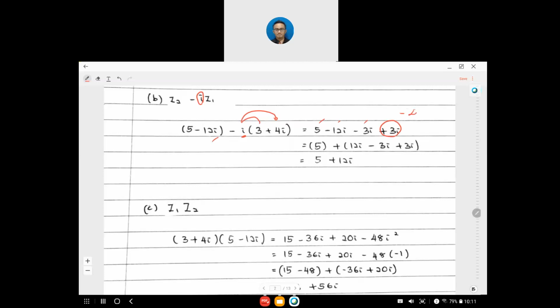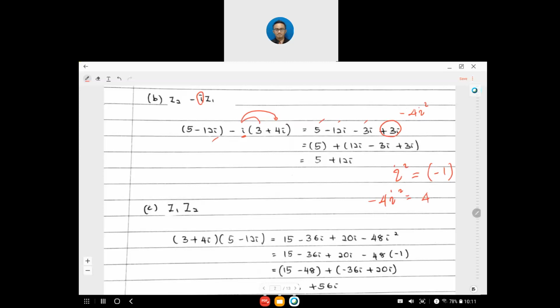negative 4i square. Okay. And then we know that 4i square, because this one i times by i is i square. i square is equal to negative 1. So you have negative 4i square, so this one becomes 4. So the real part, this is wrong.